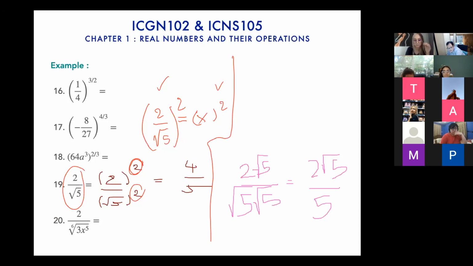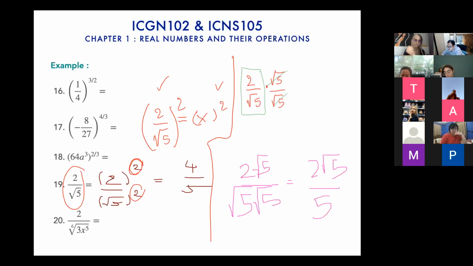Yes, this one is okay, this is acceptable. Why is that? For what Siapon did, originally we have 2 over square root 5, and then she multiplied square root 5 over square root 5 on both. If we eliminate, you still get 2 over square root 5 anyway, so that's why this one is acceptable.